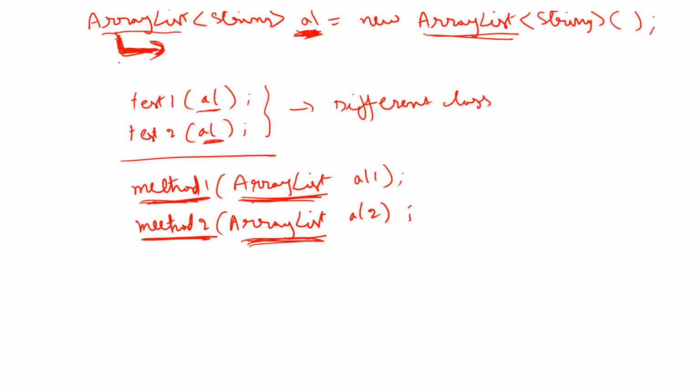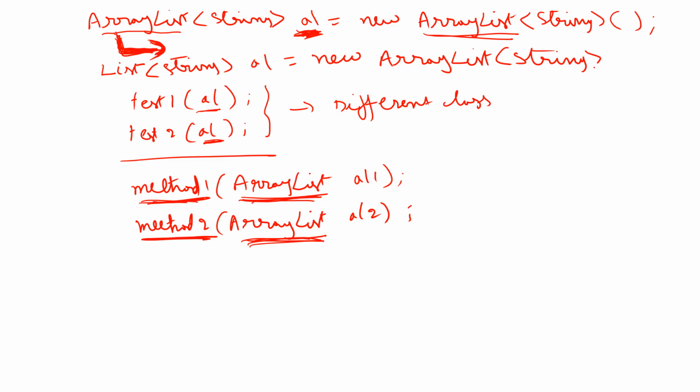So instead of creating an object like this, what we can do is create an object of the interface type itself. So we can say List of String AL equals new ArrayList of String, and I will also change these methods so that I directly say List here and List here.